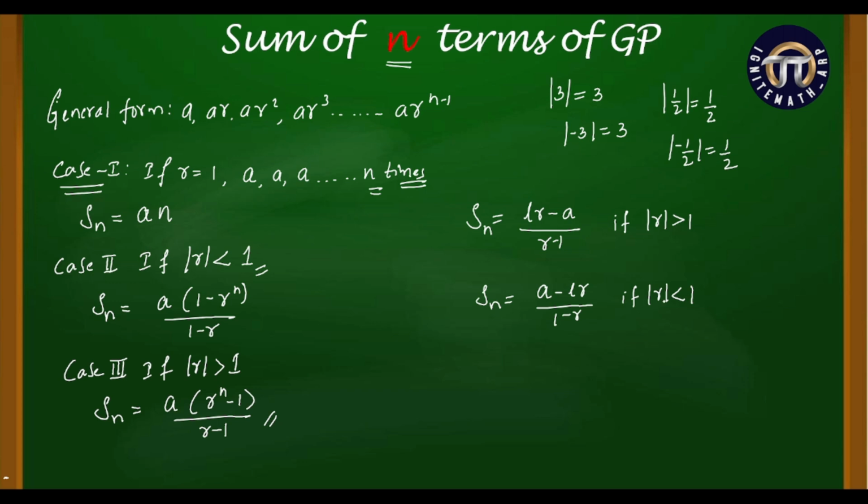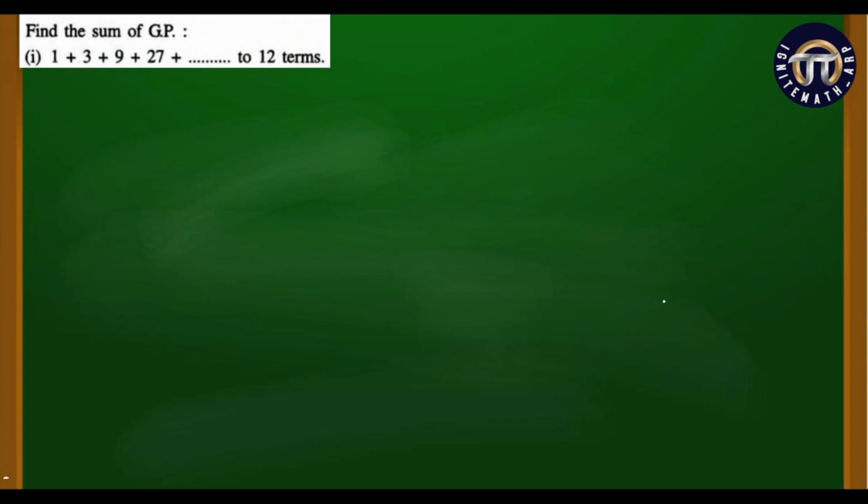So these are the key formulas I am going to use to find the sum of n terms of the given GP. Now I'll give you some examples of how we use these formulas. Let me take question number 1 of the exercise.